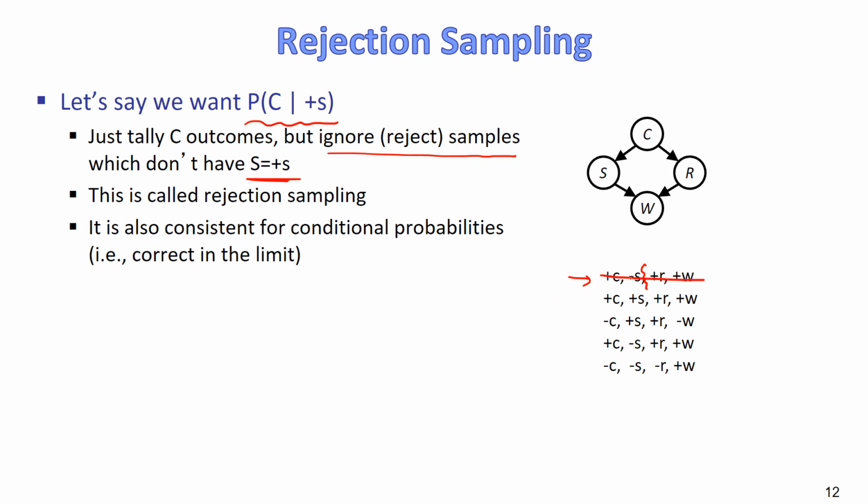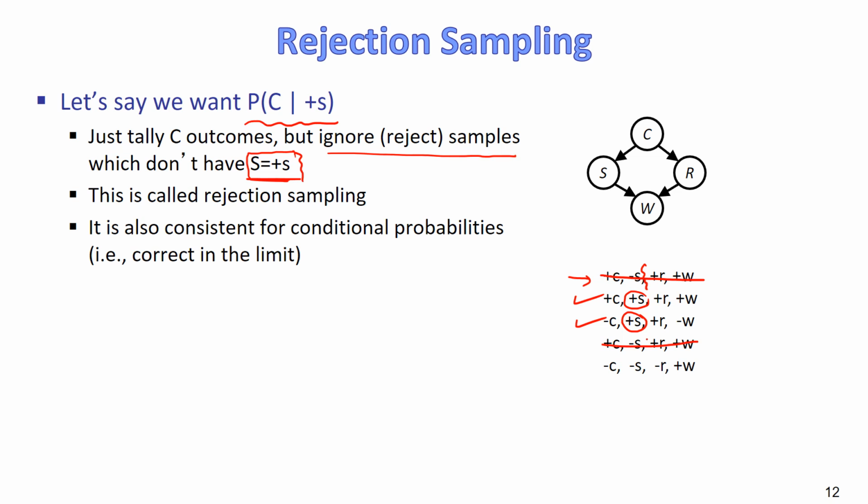Why did we reject it? Because it doesn't match, or it's not consistent with the evidence that we have. So the evidence that we have is plus S. That's what we want in the probability that we want. And it's not consistent with the sample, so we will reject it. The next one, we got plus S, so we should continue the sample and we count it. This one also is plus S, so we count it. This one is minus S, so we should ignore it.